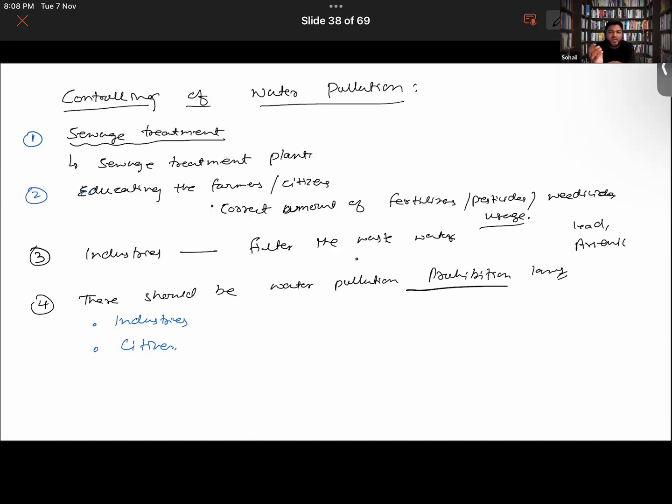And the waste that is non-biodegradable in nature should be dumped into the non-biodegradable dustbin so that it can be reused later, right? So separation of biodegradable and non-biodegradable wastes. All right, so these are the measures to control water pollution.